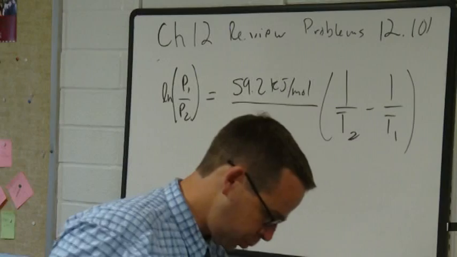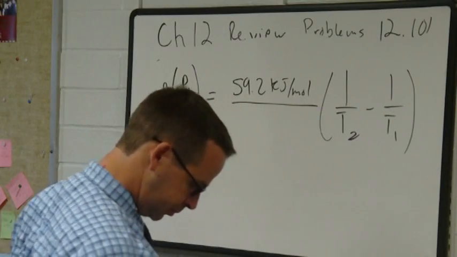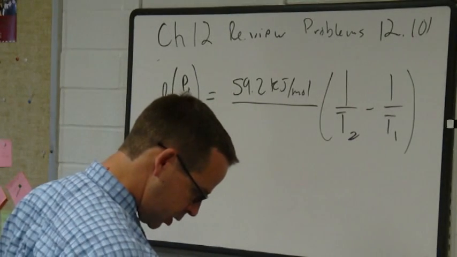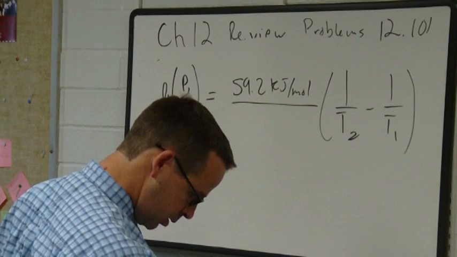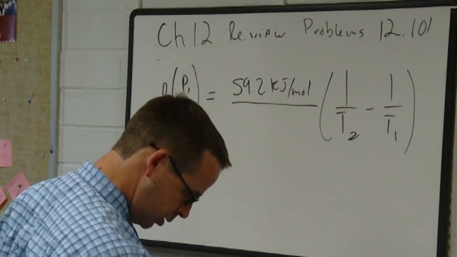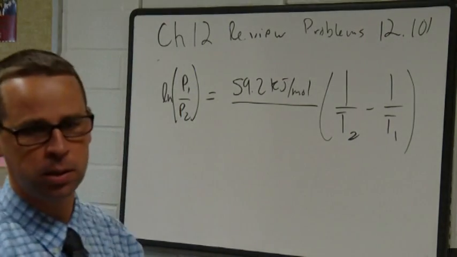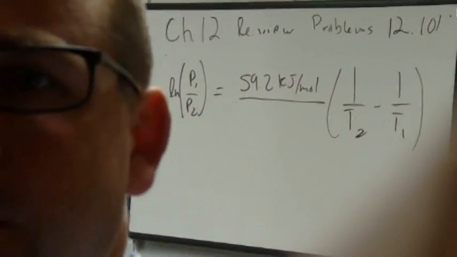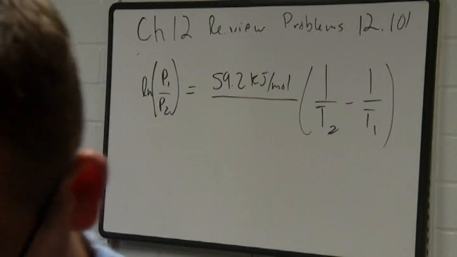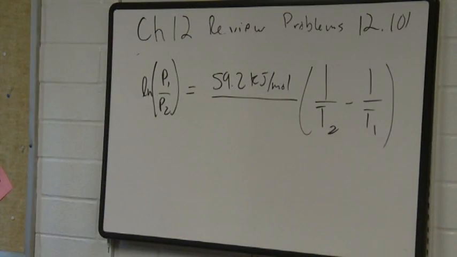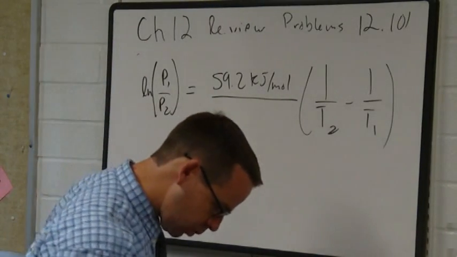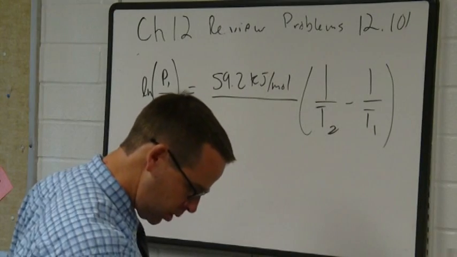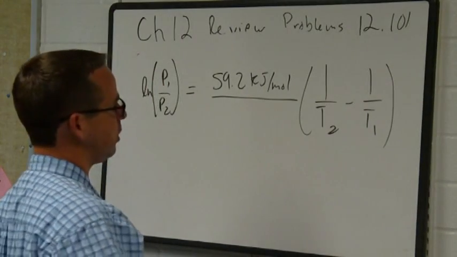So, pressure 1. Well, they're asking for what? The pressure at, okay, so looking at the temperature, what is the vapor pressure of mercury at 298.2 Kelvin?